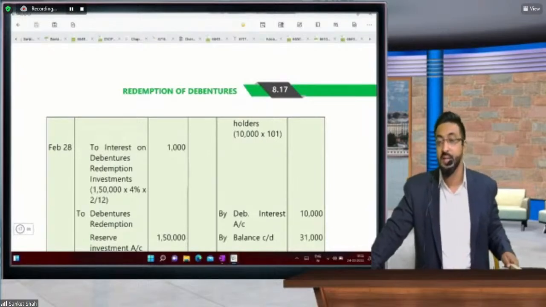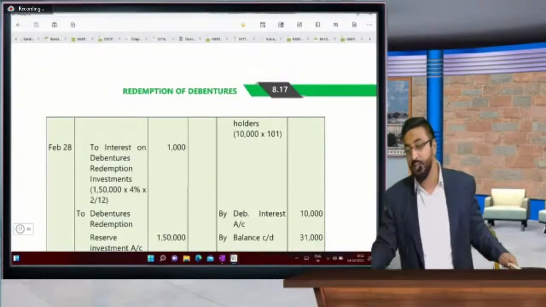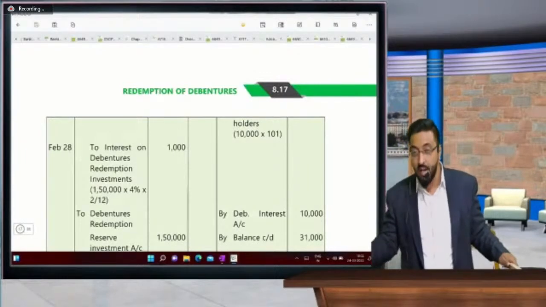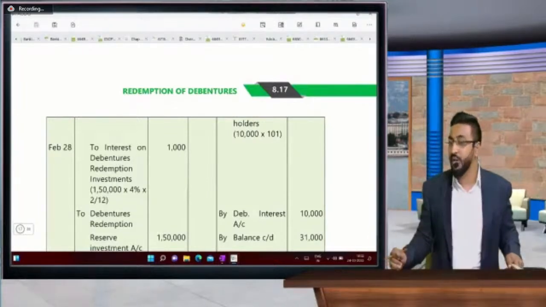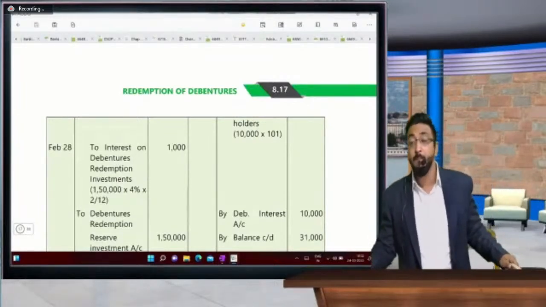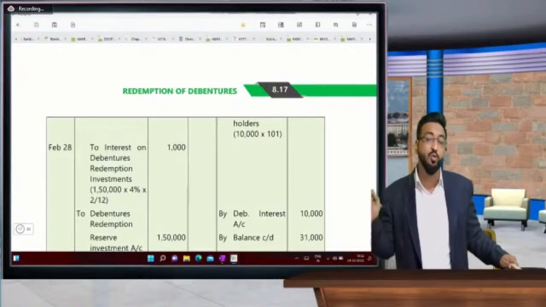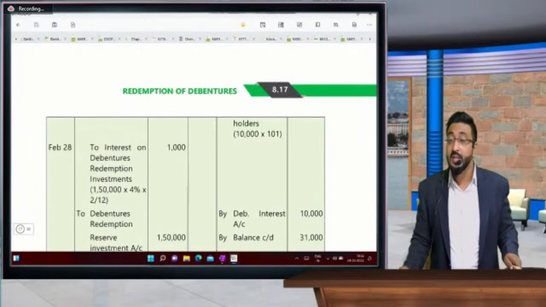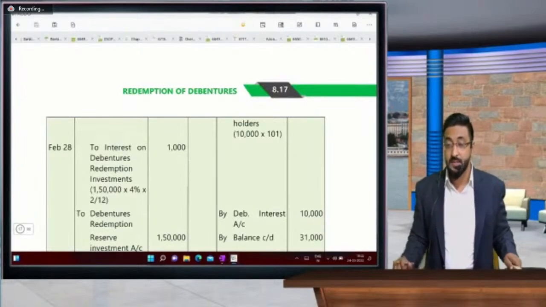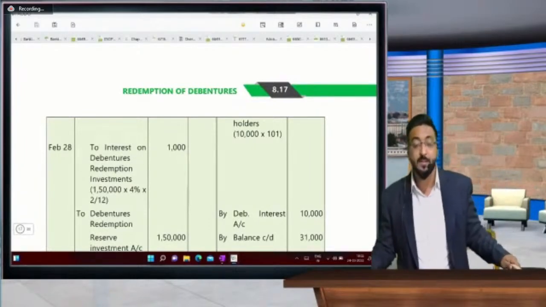Though entries are the same, P&L account debit to DRR is similar to CRR, but remember CRR is created up to the face value of debentures or the balancing figure of equity share capital after issuing equity shares. But in case of DRR, it is only 10% of debentures value. It is applicable to unlisted companies other than NBFCs.